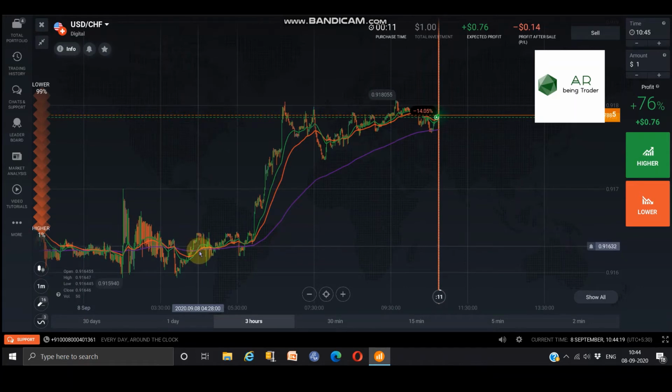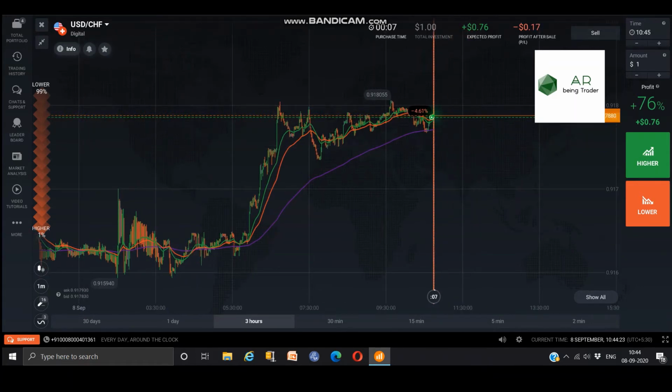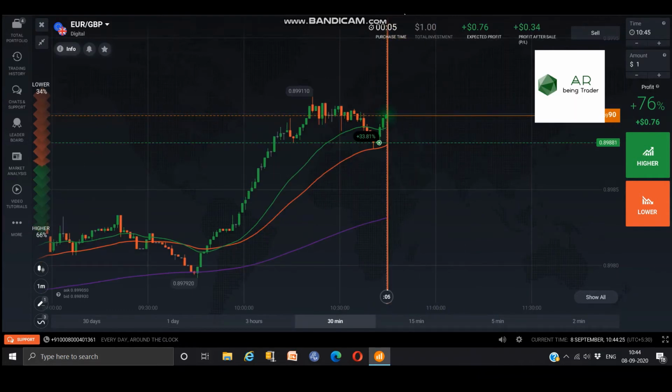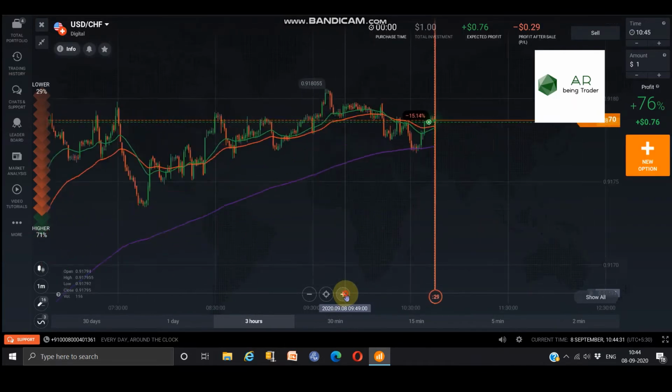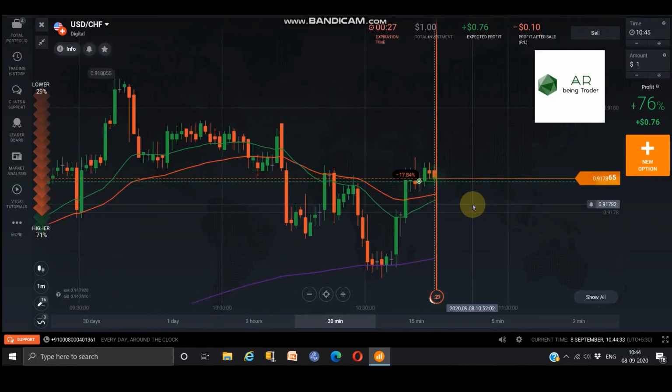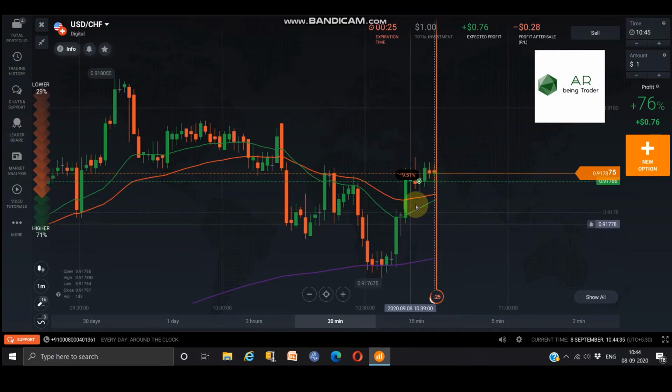From this point to this point, it's a massive growth. Please do this, and you can exit the trade when these crossovers happen at this 200 EMA.